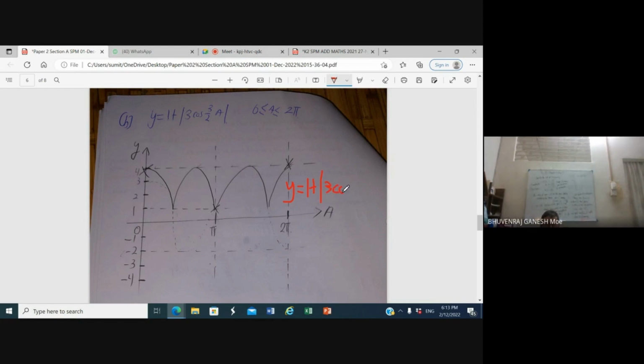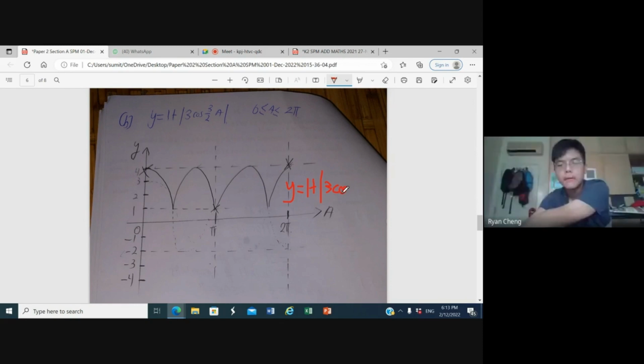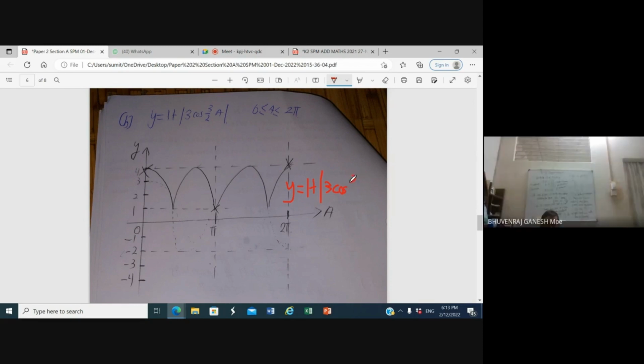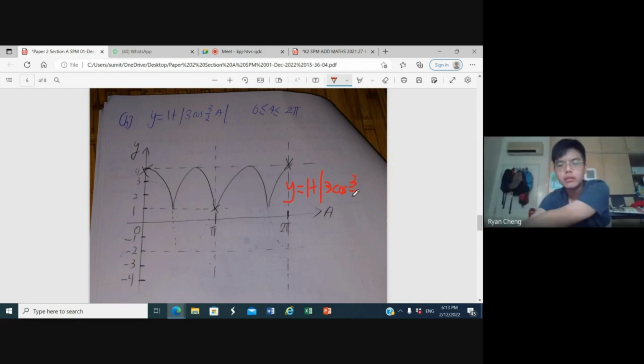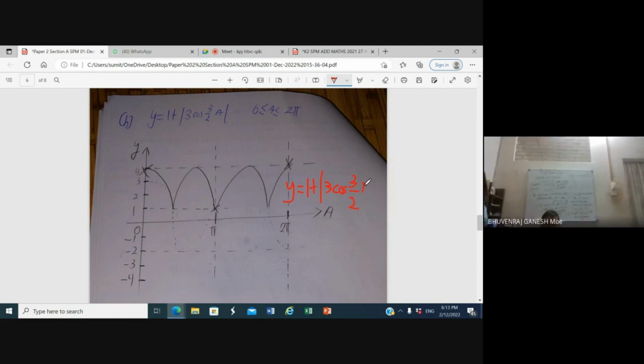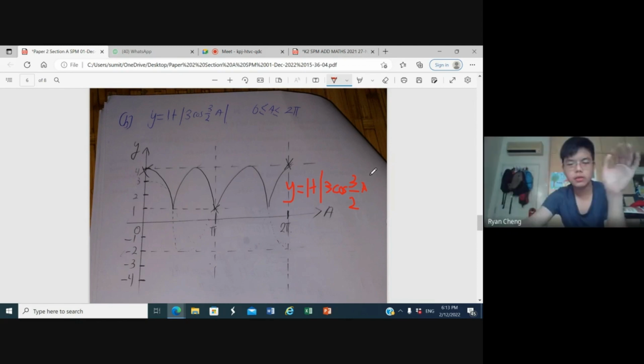Bhuvan, for this graph, the part before the pi, the first part of the graph on the left side, how do we make sure that the scale is correct?